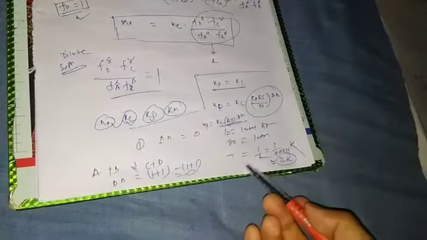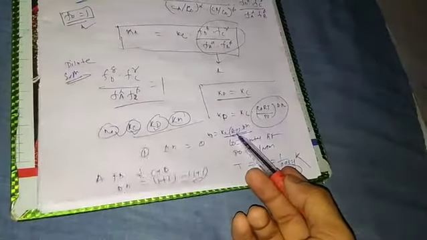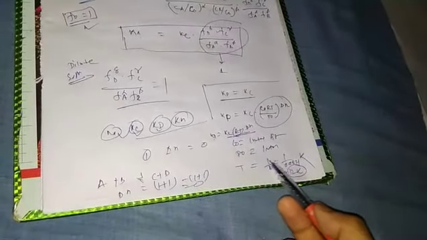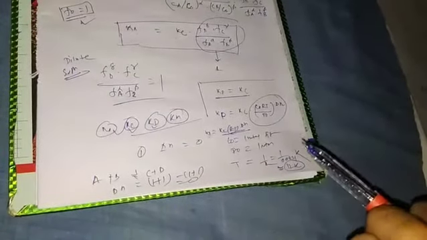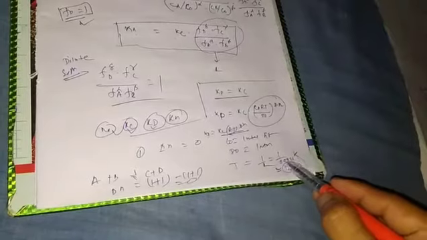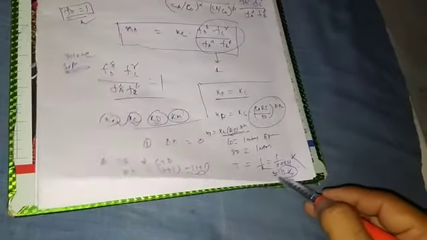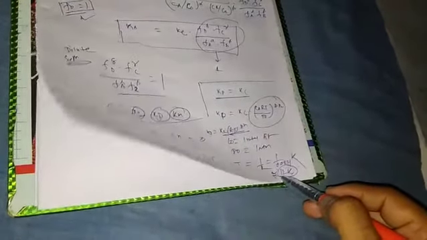If T is 1 by R, then R cuts R and this factor will be 1 for any value of delta n. R is 0.0821 in liter atmosphere, and in chemical equilibrium, especially heterogeneous equilibrium, we put the value of R in liter atmosphere units. So 1 by 0.0821 is near about 12 Kelvin.